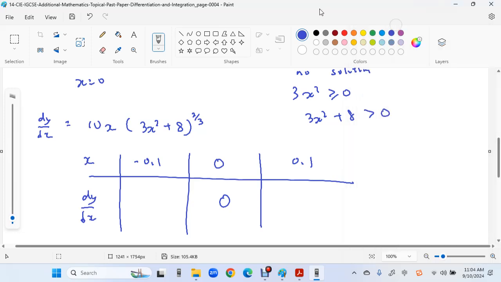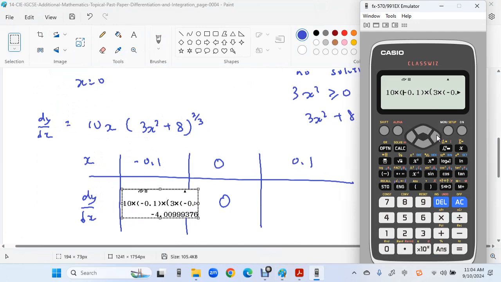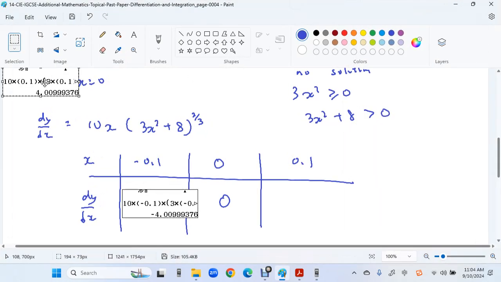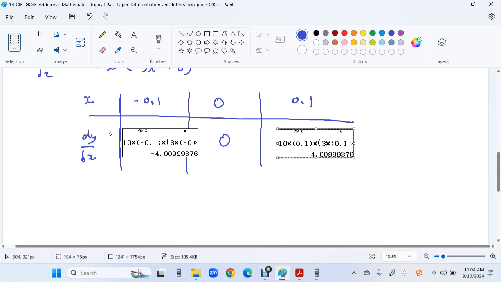So this is negative 4. And if we use 0.1 instead, then it's 4. So we know that the shape here is downward because the gradient is negative.